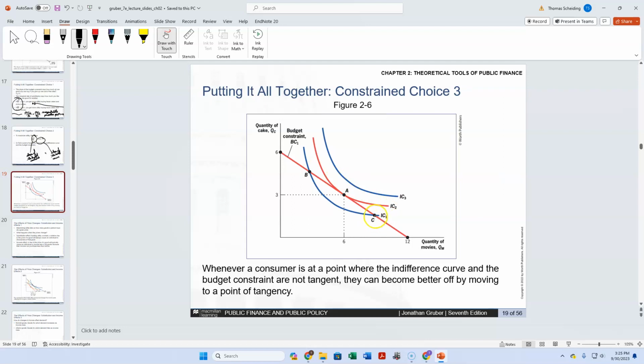And over here, the slope of the budget constraint, the price ratio, is steeper than the slope of the indifference curve. This person here has clearly too many movies. This person here has clearly too many cakes. And they need to reallocate their budget. How do they know at B and C that they're at the wrong points? Because they're not equaling the marginal utility per dollar spent.